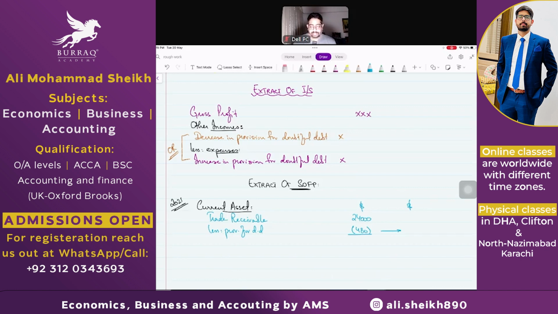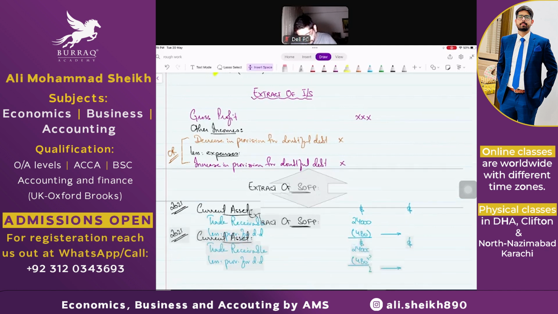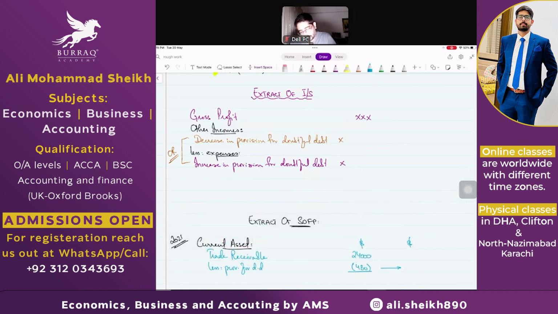So they can also ask you how to show it in income statement. So an extract of income statement needs to be drawn. If it's a decrease in provision, it's an income, and if it's an increase in provision, it's an expense. And irrecoverable debt will also be charged as an expense. I'm writing it down again over here. In expense, you also need to show irrecoverable debts.